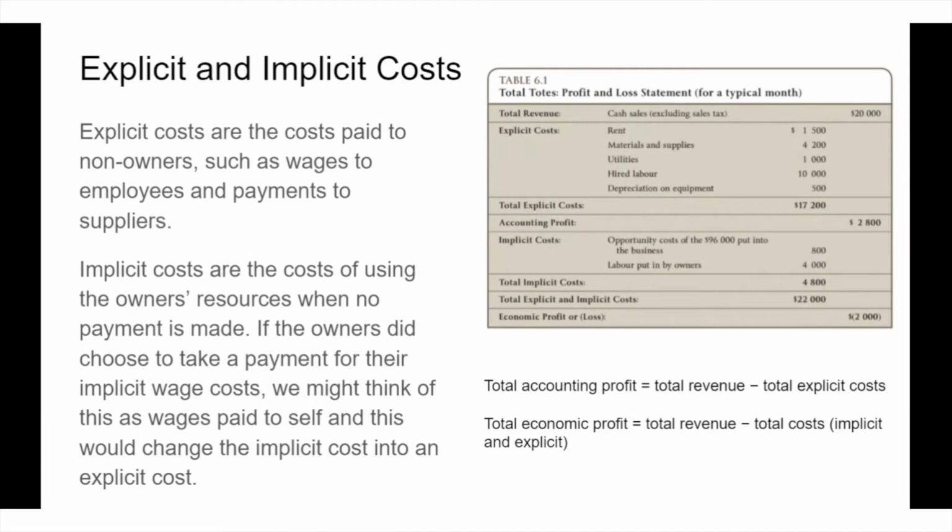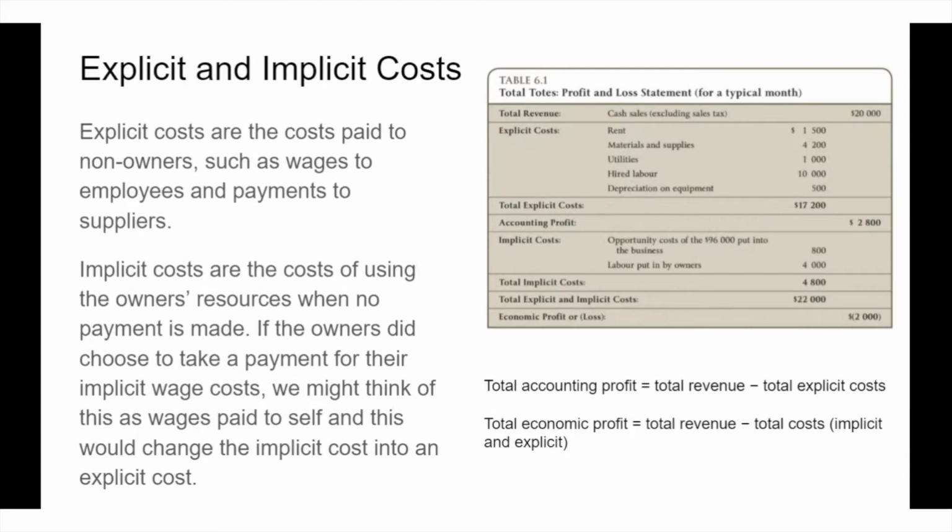Okay? Now, that scenario, just this far down here, is what we find in financial statements. And financial statements only record one type of cost. Those costs are referred to by economists as explicit costs.